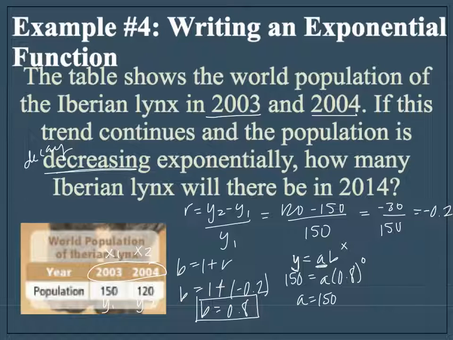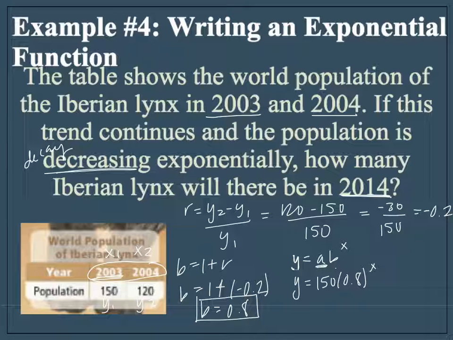Okay, so now I'm going to rewrite this in the correct form and get rid of this work. And just write y equals 150 times 0.8 to the x power. Now, to be able to determine how many lynx there would be in 2014, you need to take that year and subtract it from the first year we're given. So 2014 minus 2003 we know is 11 years.